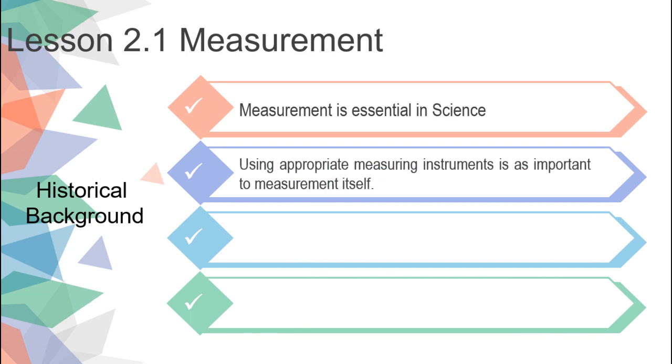Next, using appropriate measuring instruments is as important as measurement itself. So as important as measurement is, so is the use of an appropriate measuring tool to measure an object. When we say appropriate, it means what is suited for that object. Let's say for example, I am going to measure a book.